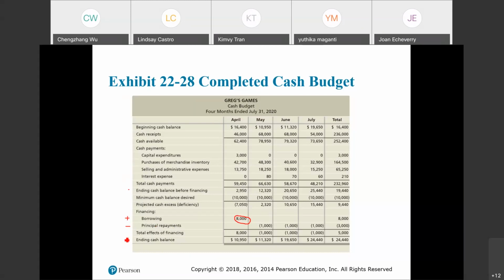We get the ending cash balance of $10,950.